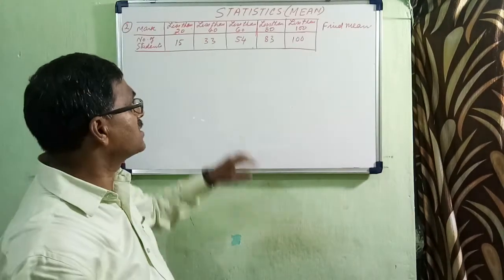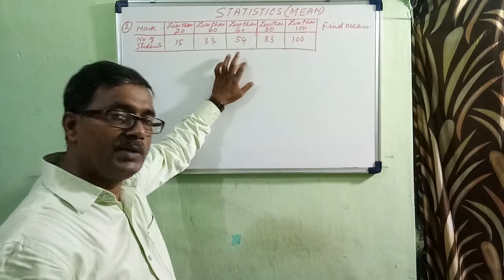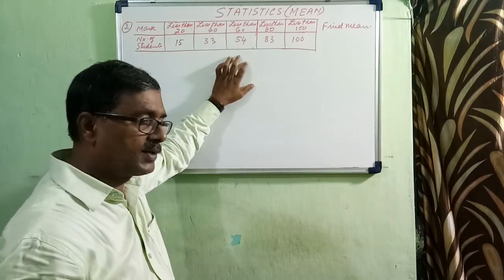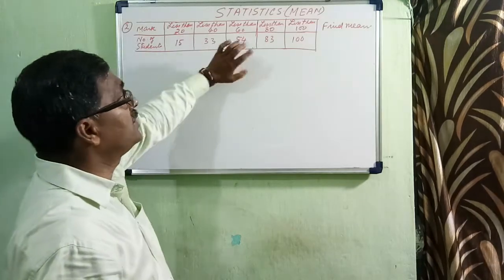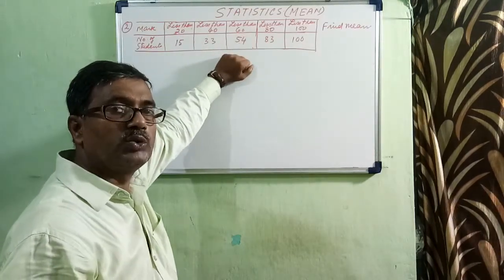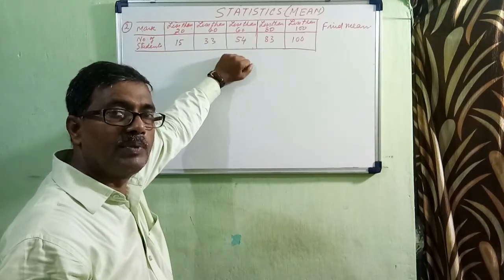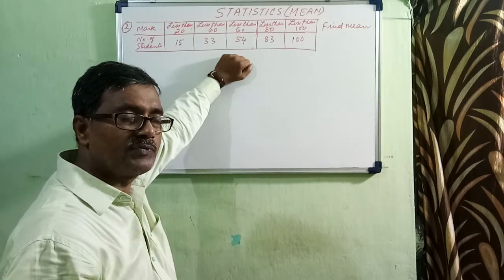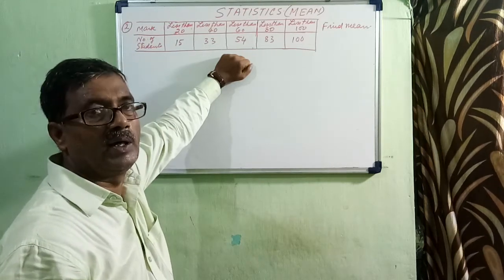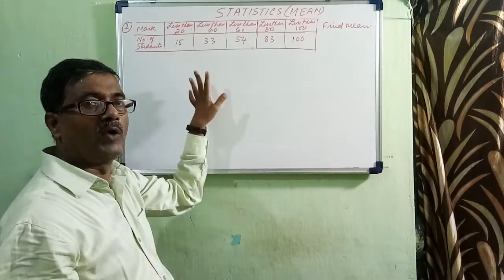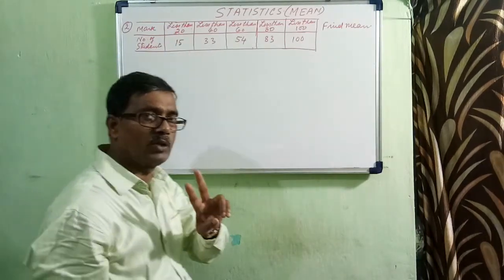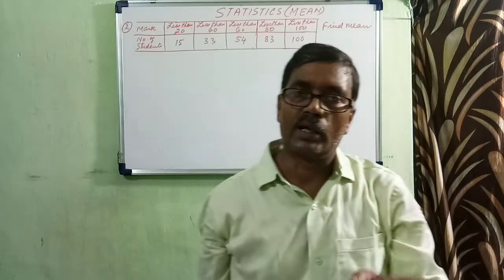Now let us discuss another question. In this question you will notice that the class interval is not given, and whenever the class interval is not given, then you are bound to convert it into the simplest frequency distribution table. Actually, this is given in cumulative frequency form. There are two kinds of cumulative frequency, one less than and another more than.